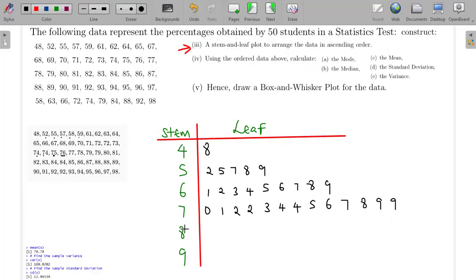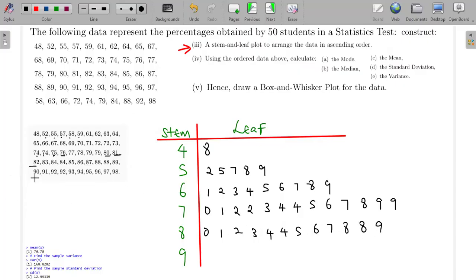Okay, what about the 80s? The 80s, I have 82. Oh, sorry, I started at 80, right? So 80, so 0, 81, that one, then 82, 82, 83, 84, again 84, 85, 86, 87, 88, 88, then 89.